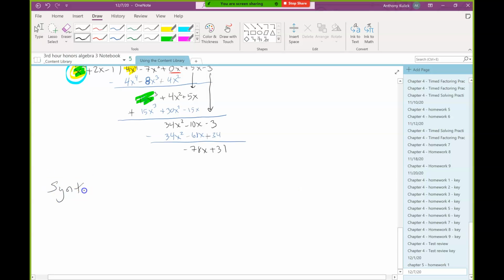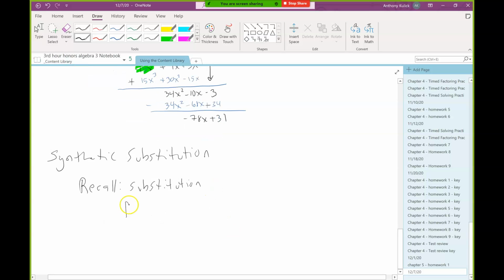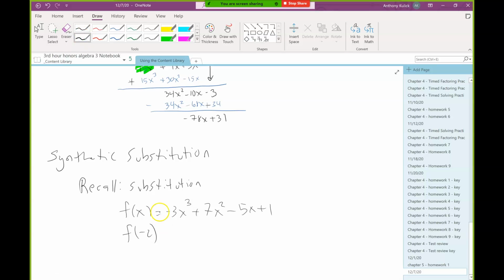The last thing I want to talk about today is synthetic substitution. But before I do that, we just need to talk about regular substitution. So let's say we have the polynomial f of x equals negative 3x cubed plus 7x squared minus 5x plus 1, and we want to do f of negative 2.